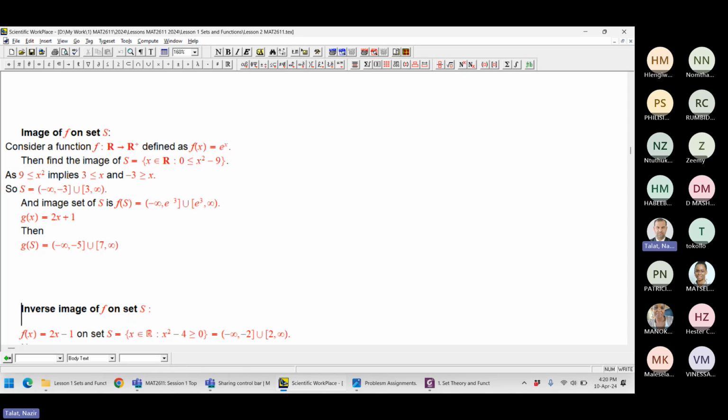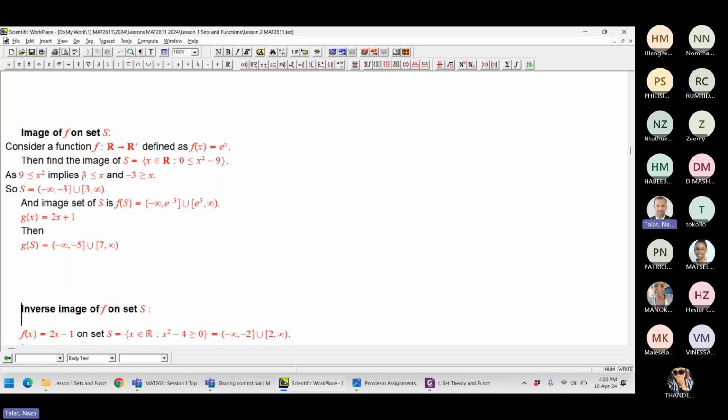So we need to find all those real numbers where 0 is less than x square minus 9. From this relation, 9 is less than or equal to x square. If we need to identify for what values 9 is less than or equal to x square, this gives us all those x which are greater than or equal to 3 and all those x which are less than or equal to minus 3.